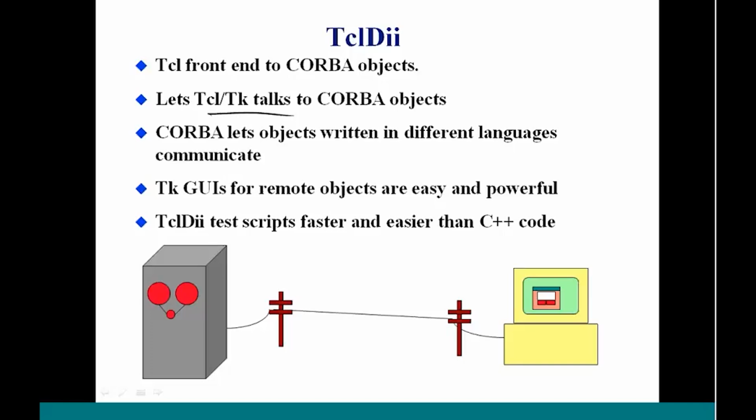CORBA sits in the center, gets the objects in various languages, and communicates. A Tk GUI for remote objects is easy and very powerful. TclDii scripts are faster and easier than C++ code.